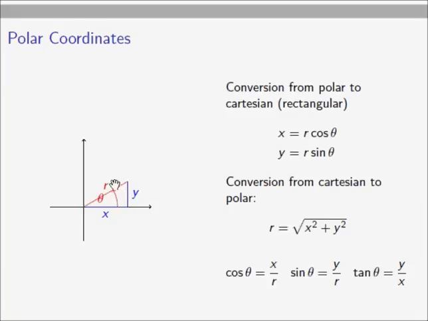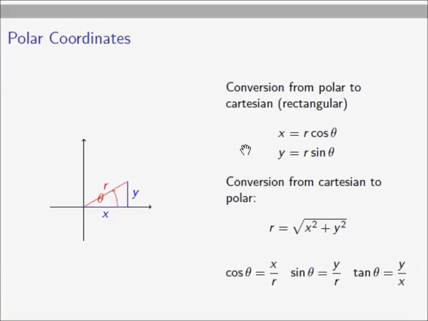Why? Because r is the absolute value over here, and cos is the ratio of the base to the hypotenuse. So we multiply cos theta with the hypotenuse r to get x.